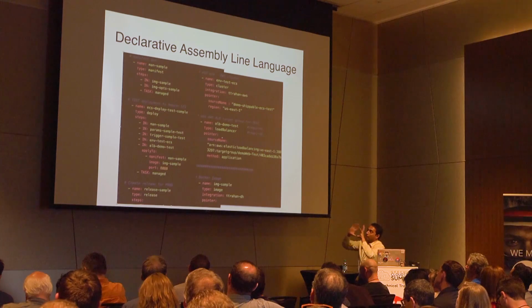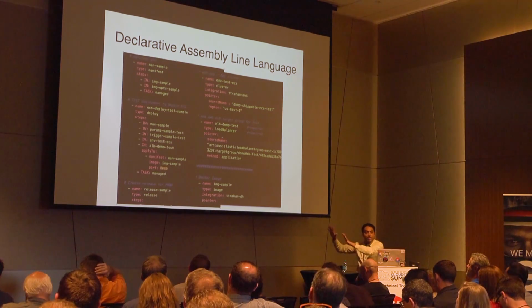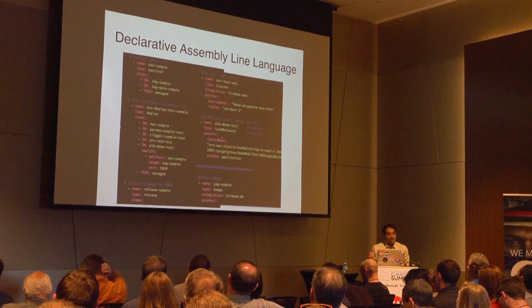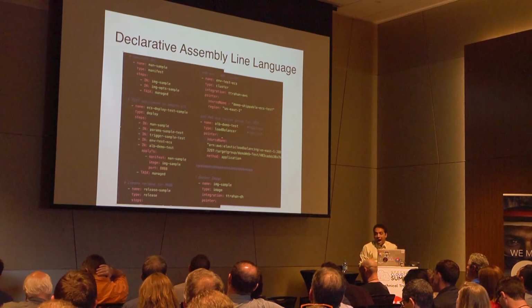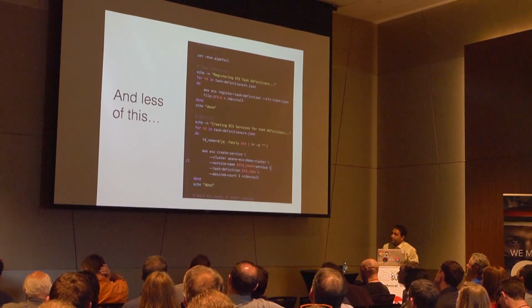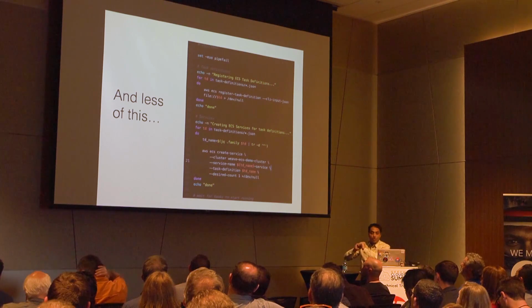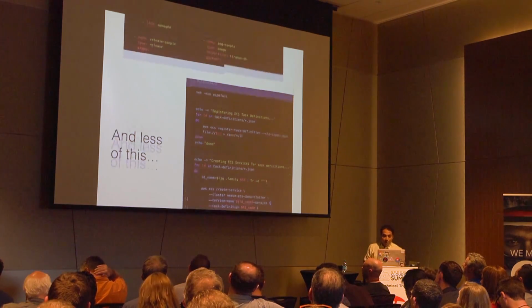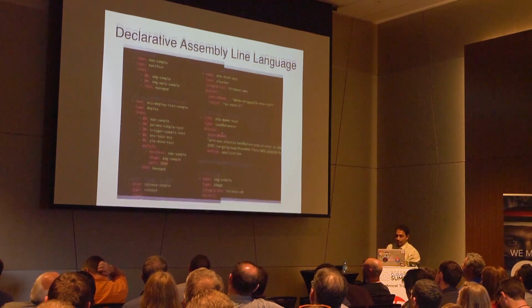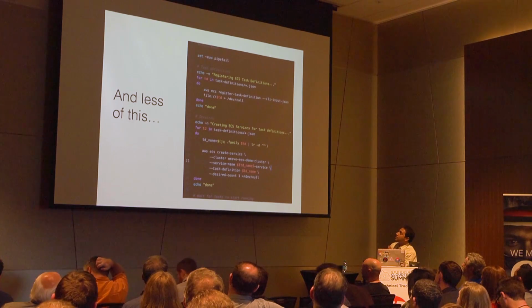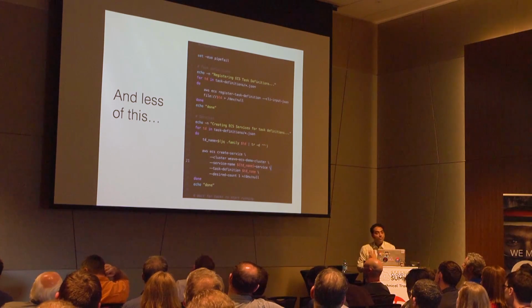Your whole assembly line needs to be configured in this simplistic fashion is what we are really trying to achieve. And it needs to be less of this, and this is what is imperative. Declarative is all about English. This is about stuff that I still am trying to understand after 18 years of software development.